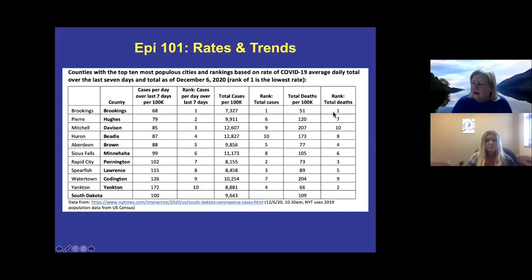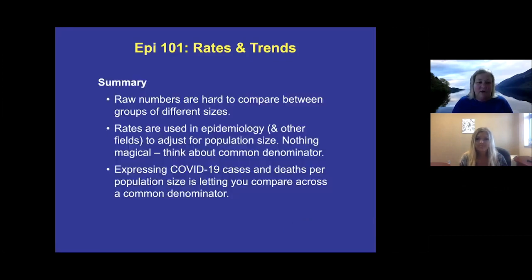I think the last couple weeks we've looked at this, we've been second or third, but we have now come out with having the lowest with 51 per 100,000 population. Yankton has been in that number one spot for a while. So that's good, we just need to keep in that number one spot. I'm very competitive. I like it when we stay in that number one spot.